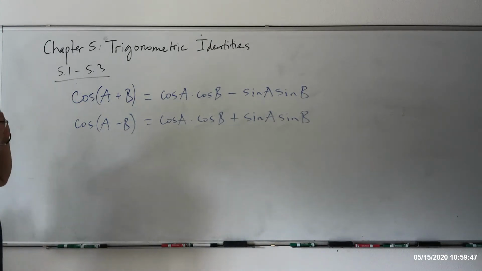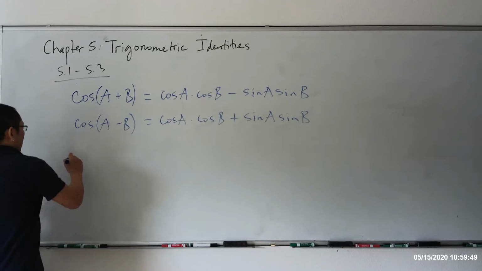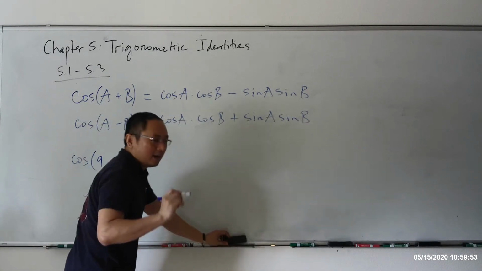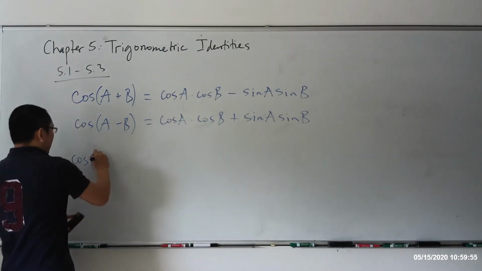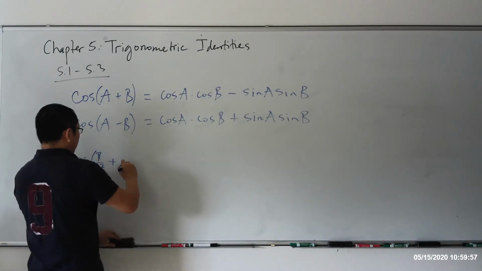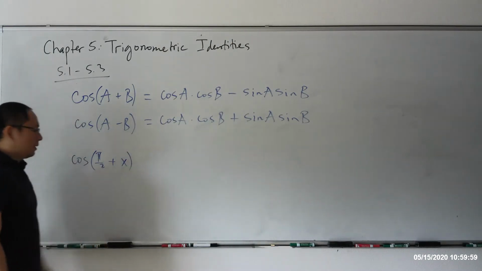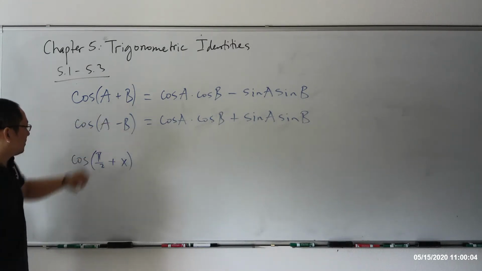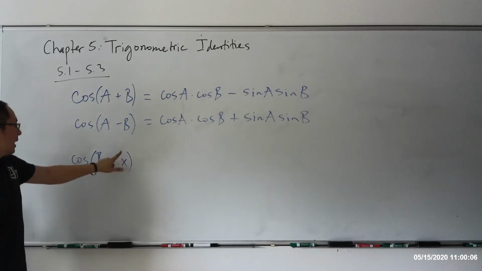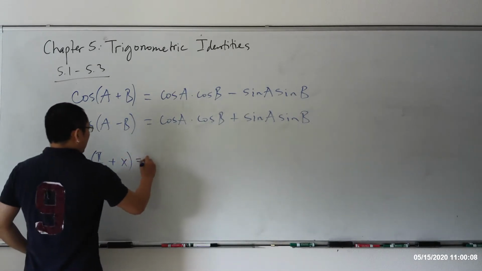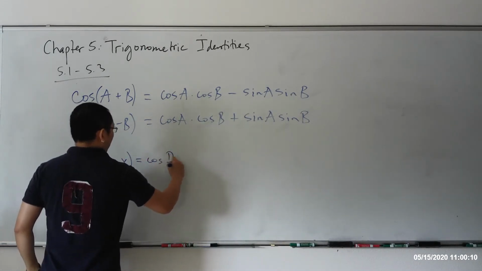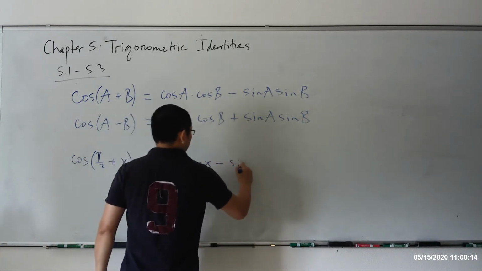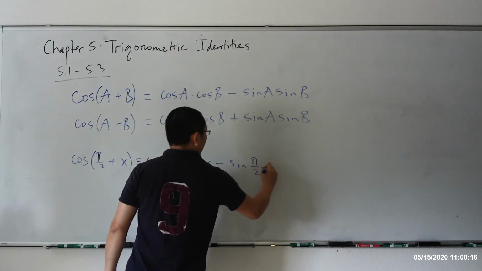What if you have examples? Cosine of 90 degrees. Let's do radians then: cosine of pi over 2 plus x. Can you simplify this? We can use a formula right here, cosine of A plus B, where A is pi over 2 and x is B. This is cosine of pi over 2 times cosine x minus sine of pi over 2 times sine x.